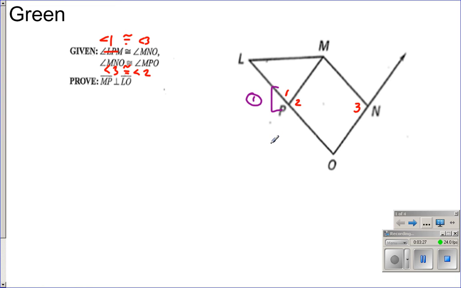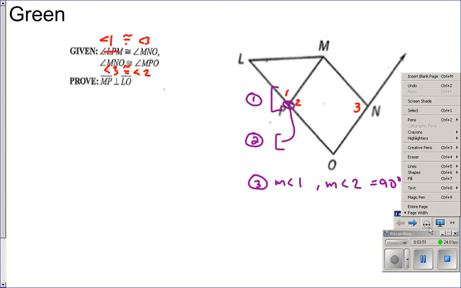If they're congruent, I have to show the measurements are the same. Step 2 is really going to be my linear pair piece. And then step 3 is showing that the measurement of angle 1 and the measurement of angle 2 are both 90 degrees. Okay. So let's get into it. If that's going to be my general plan, let's execute it.